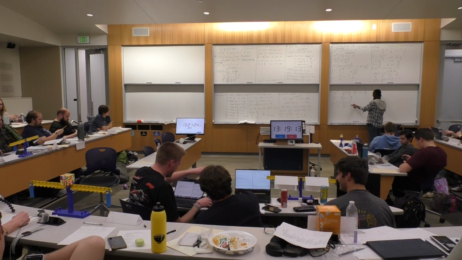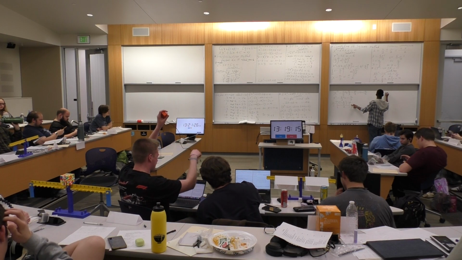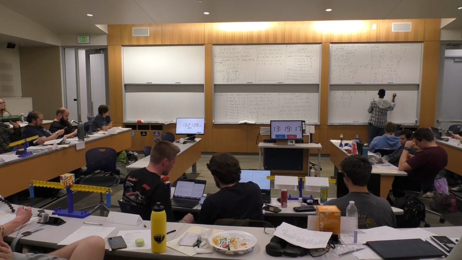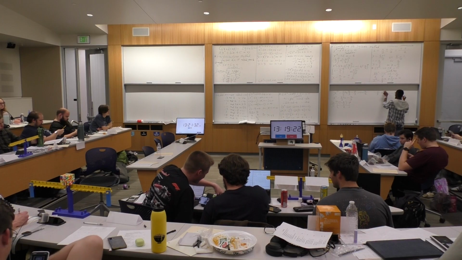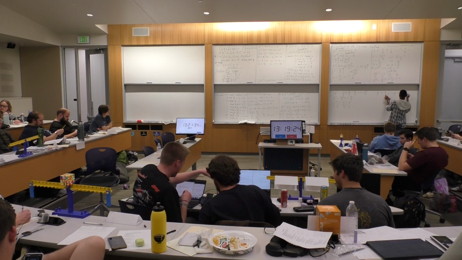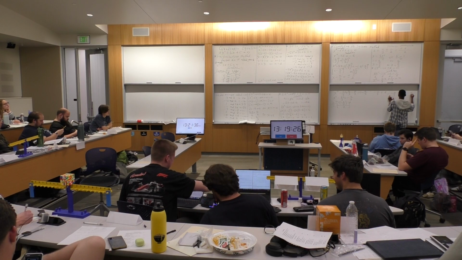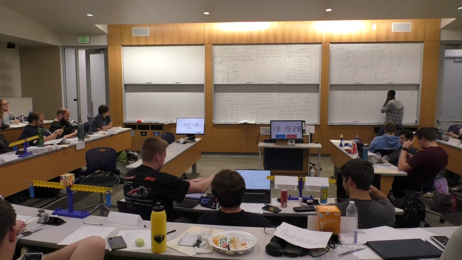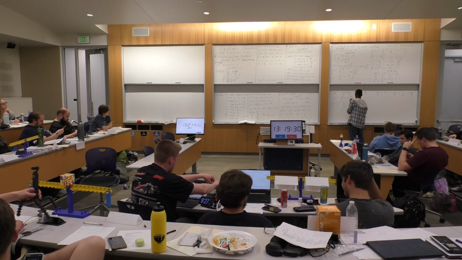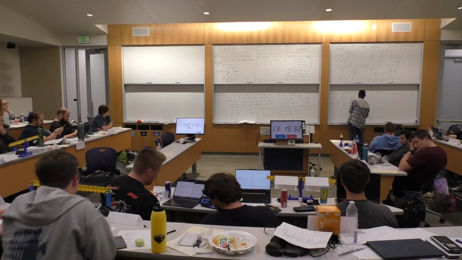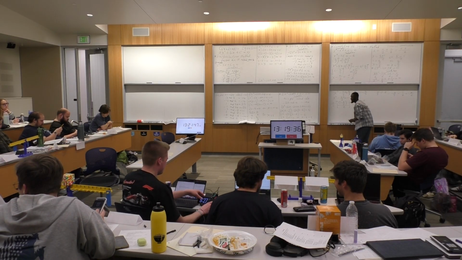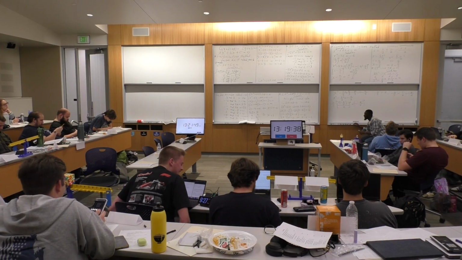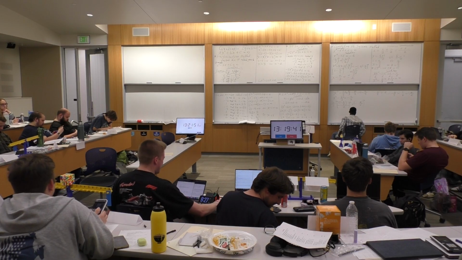Minus 5 over 3 divided by 2 is minus 5 over 3 times 1 over 2. Is that correct? Hence we have minus 5 over 6. Hence we have negative 5 over 6 all squared.